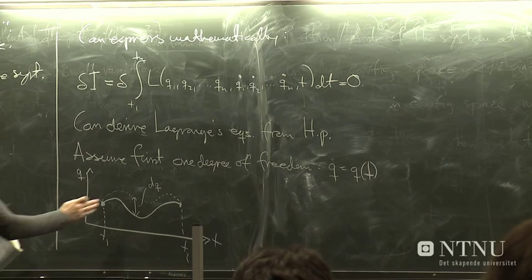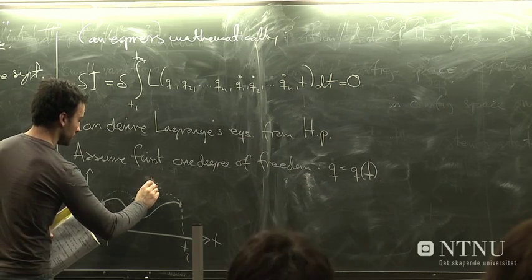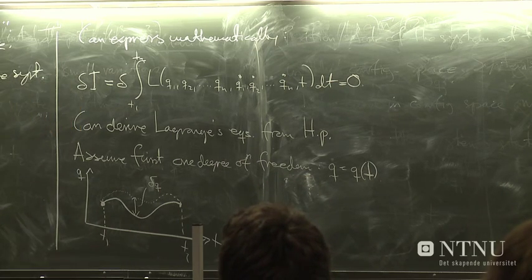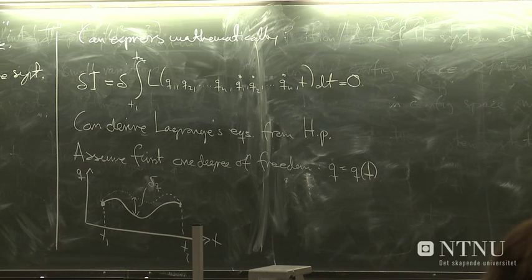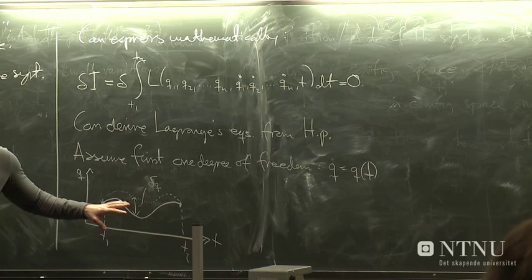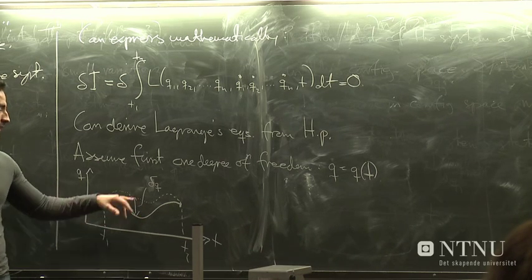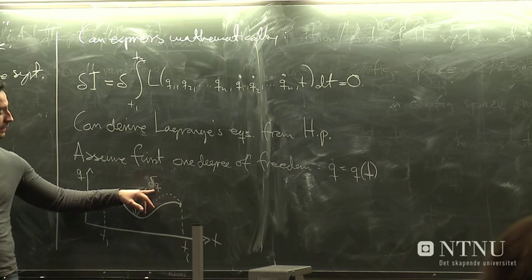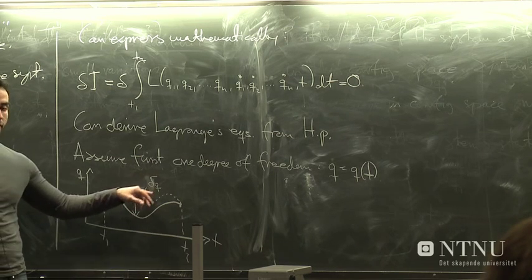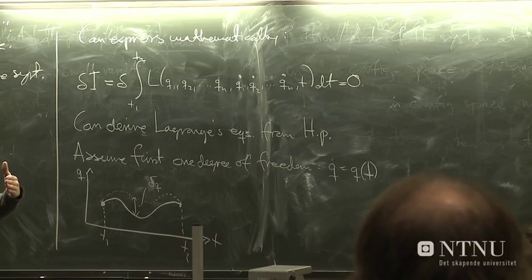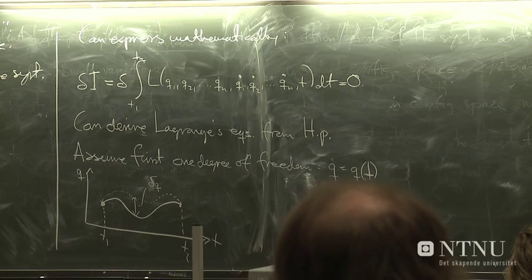But imagine now that we make a small displacement of this curve. We introduce a minor variation, del q. So this dotted curve now represents a small displacement compared to the real path of the system between these two times.